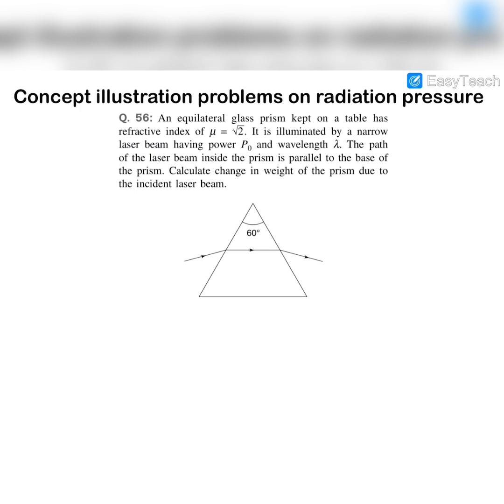First of all, we know that this is the case in which the deviation occurred in the beam is minimum, because it is passing parallel to the base of the prism.